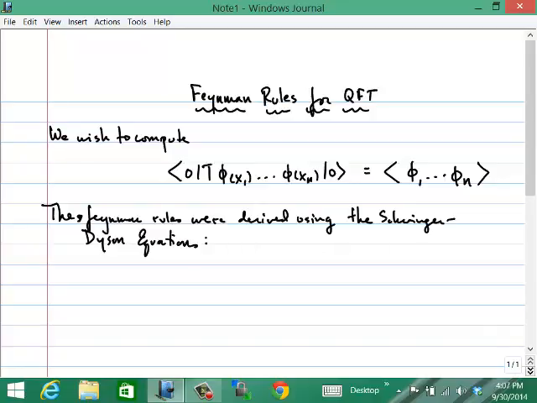Okay, that's the quantum field theory analog of the canonical commutation in quantum mechanics between x and p.